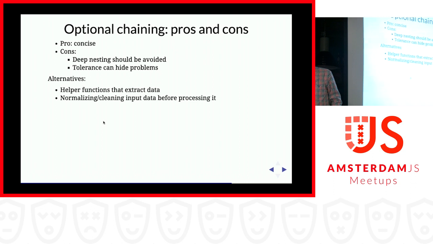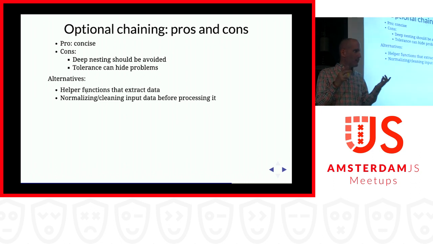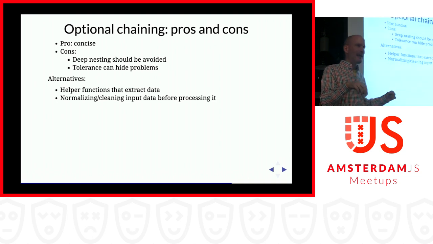So the alternatives are you write a helper function that extracts data and then warns you if there's a problem, but it's still concise. The other option is to just normalize and clean data and put it into something simpler. Right now, for a small code base that I've written in TypeScript, I'm not using io-ts yet.